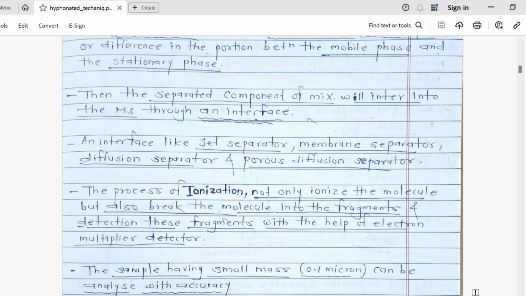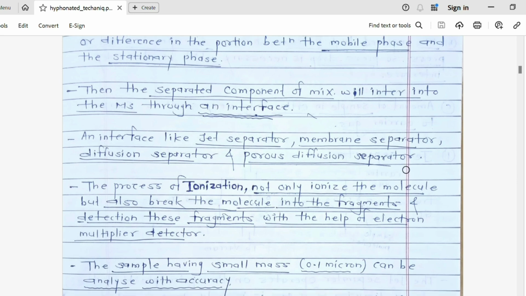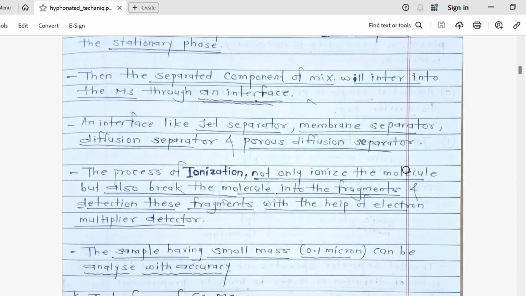Guys, the interface is a part of the GCMS that couples GC plus MS. This interface is used to join the GC and MS. The separated compounds are passed through the MS for the analysis of the molecular structure. Interfaces used here are the jet separator, membrane separator, and diffusion separator.